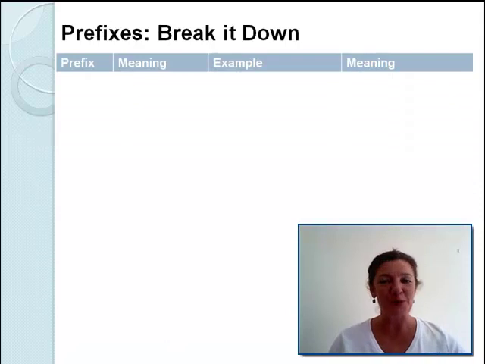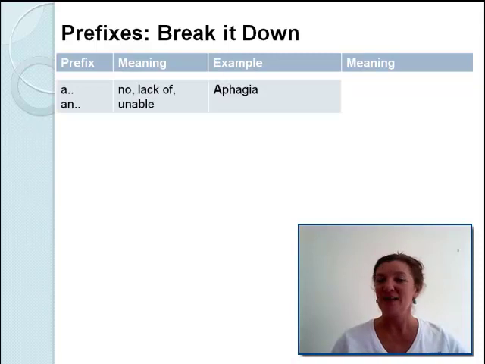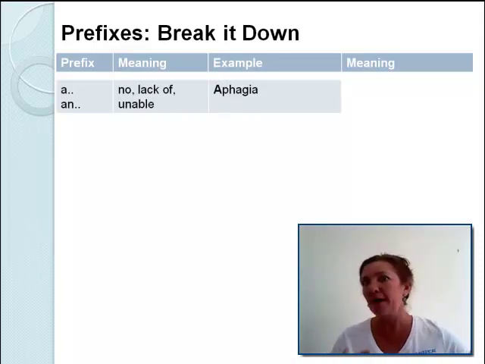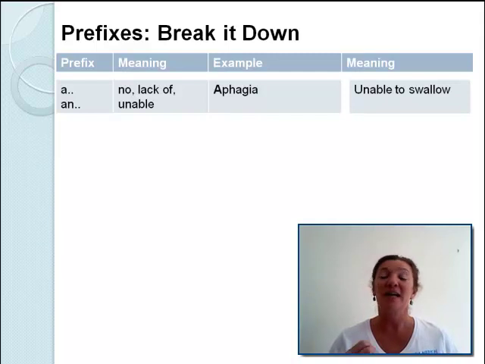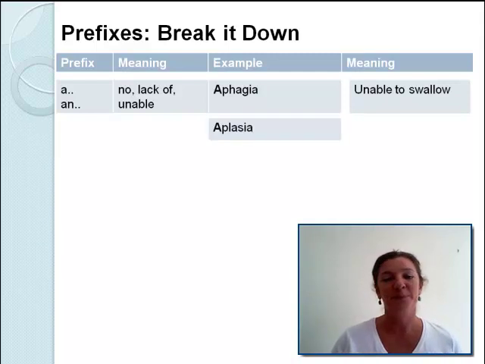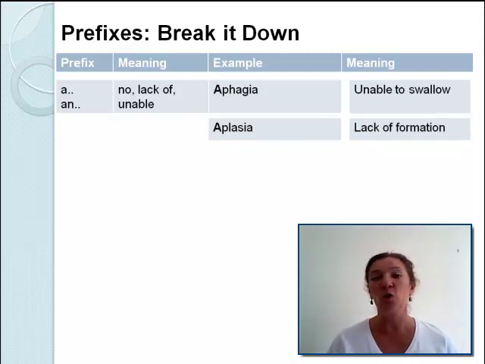Let's revise a little bit more, looking at some prefixes and breaking down some words. A or an at the front of a word means no, or lack of, or unable to. So aphagia, no, phagia, swallowing. So it's unable to swallow. Aplasia, A is no, and plasia was our formation or growth.